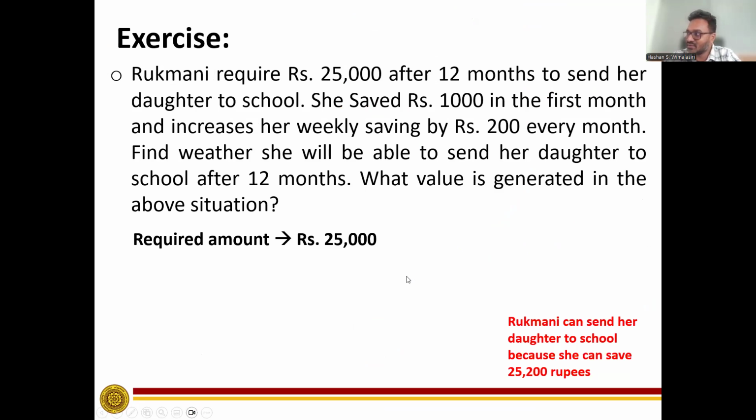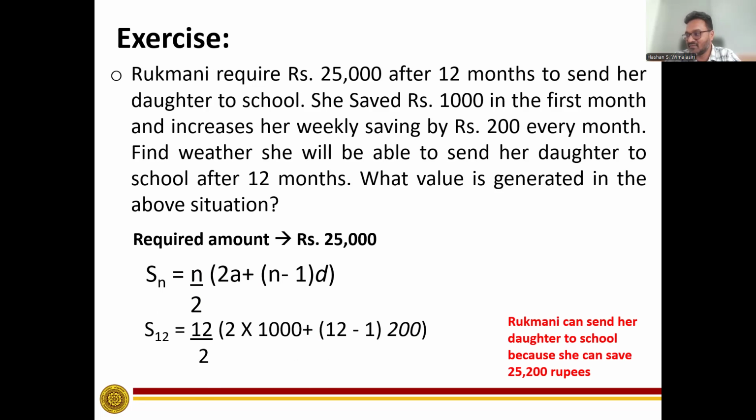Read this. Rukmani requires 2,500 after 12 months to send her daughter to school. She saved 1,000 in the first month and increases her weekly saving by 200 every month. Find whether she will be able to send her daughter to school after 12 months, and what is the value generated in this situation? So we have to think about it, as we also do this kind of investment. Sn equals n divided by 2 within brackets 2a plus n minus 1 multiplied by d.